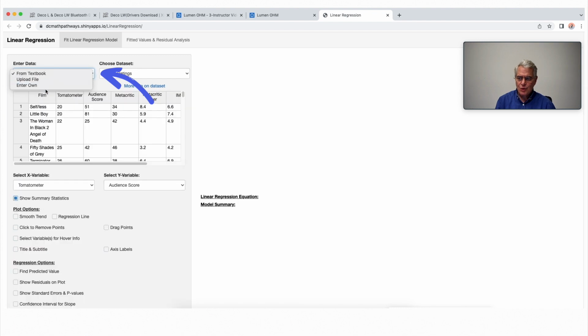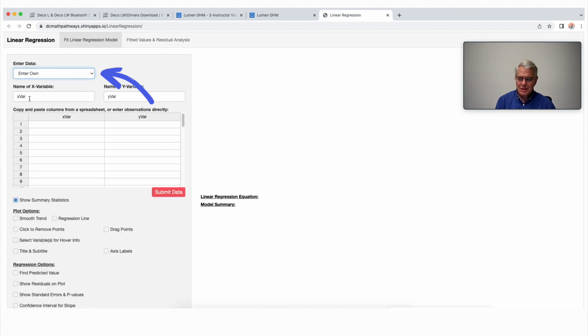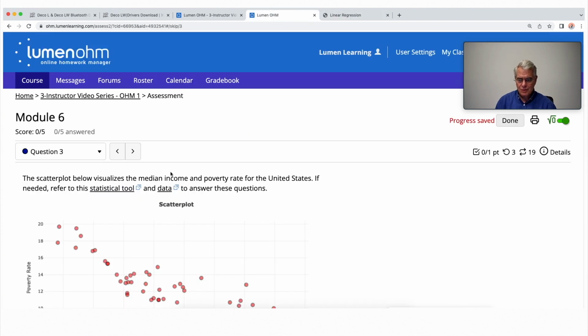And we know we're going to enter our own data. And we're going to put poverty rate in the Y position, which is backwards from what we did in the last problem, but that's okay. And median income in the X position. Let's go get our data.